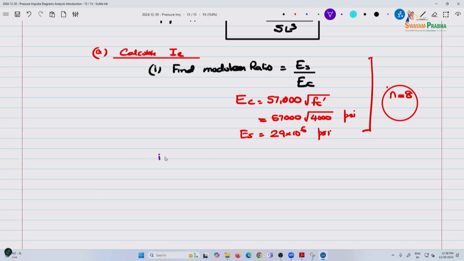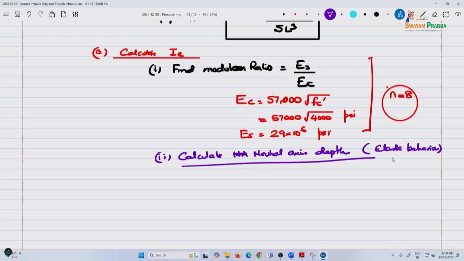Now, the second step, I am showing you all the details, is to calculate the neutral axis depth. This is elastic behavior, but we are going to apply it to plastic scenarios.